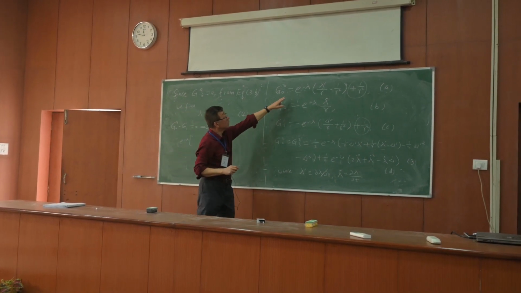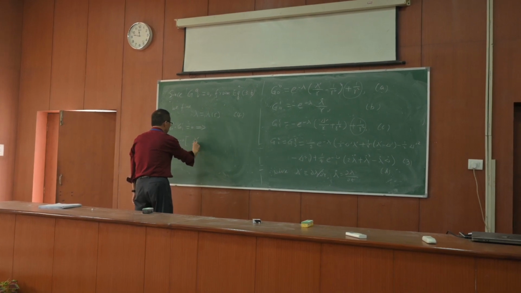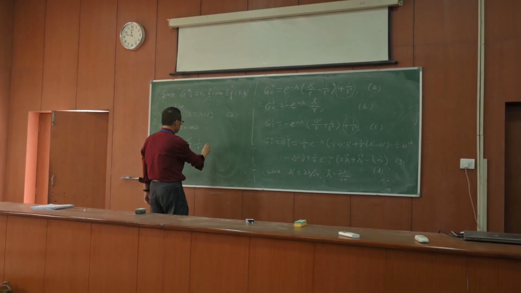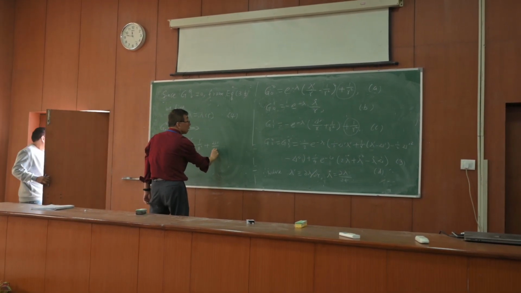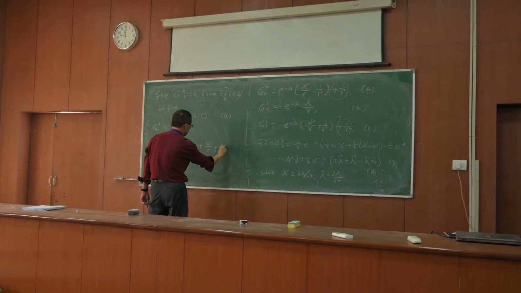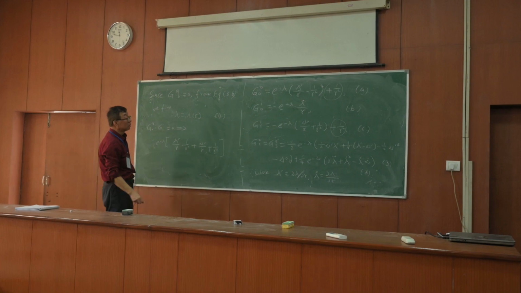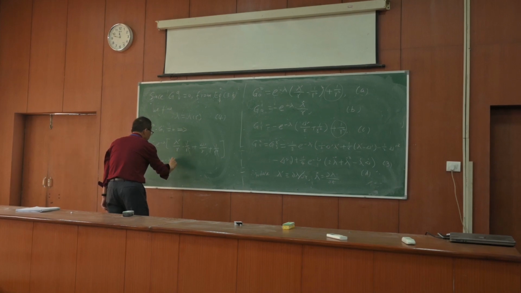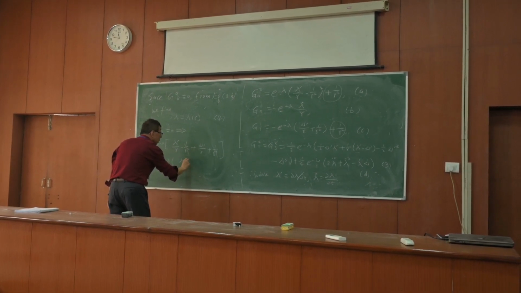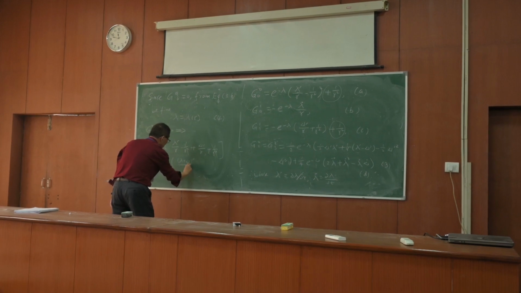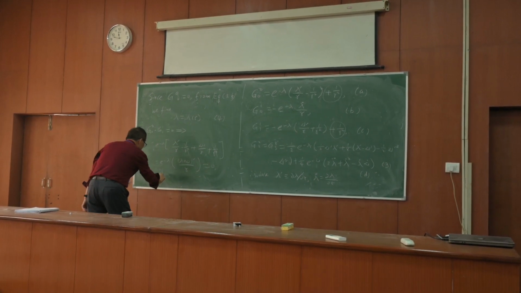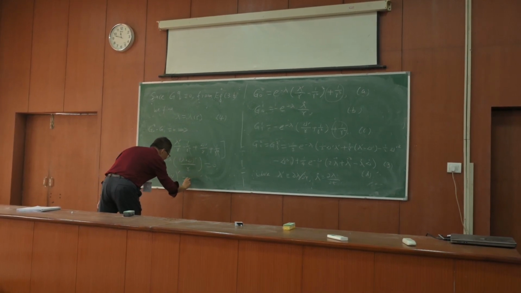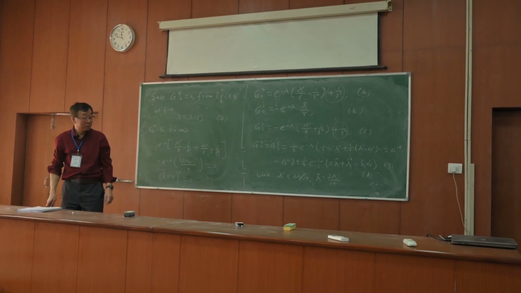Here we have minus lambda, lambda prime r minus lambda r squared, so minus minus plus, so we get nu prime r plus r squared. So we get e^(-lambda) times (lambda prime plus nu prime) r equals 0. So lambda prime plus nu prime equals 0.